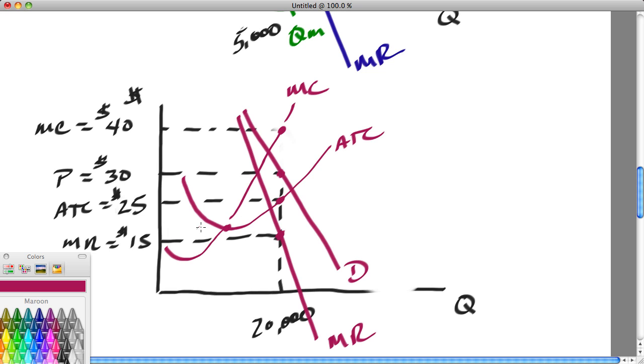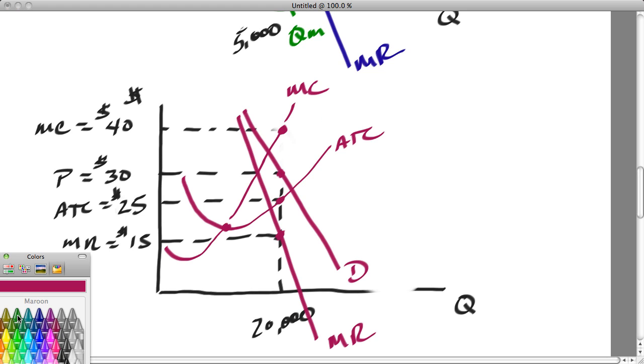First of all, it's increasing at an increasing rate. That looks kind of like a straight line, but I'm going to pass myself on that one. And then MC has to cut ATC at its minimum point, and MC has to cut this point, which has been specified for it. Again, MC must go through the MC point only because the MC point is a point off the MC curve. It's that simple.